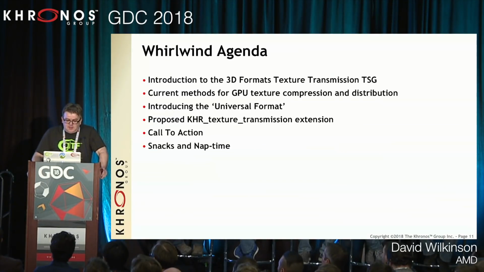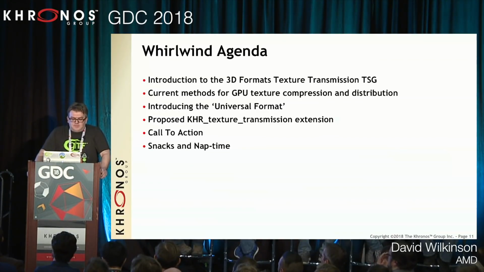Next, current methods for GPU texture compression and distribution. Texture compression for GPU is nothing new. But we need to think about it a little bit differently when we're talking about transmission from two different endpoints across, say, the internet or low bandwidth connections.